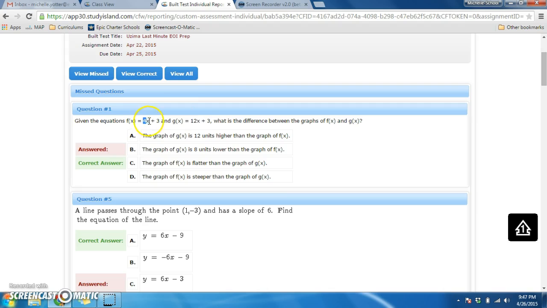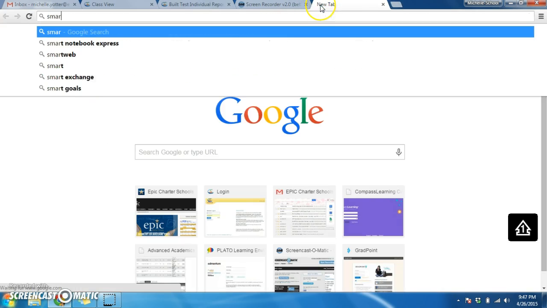So this one has a slope of 4, this one has a slope of 12. So therefore our options that we're going to choose from are flatter or steeper. They have the same y-intercept, so they cross the y-axis at the same point. And let me note that.